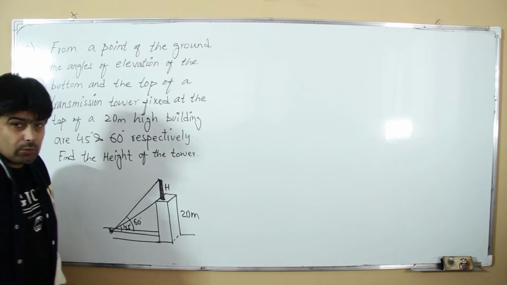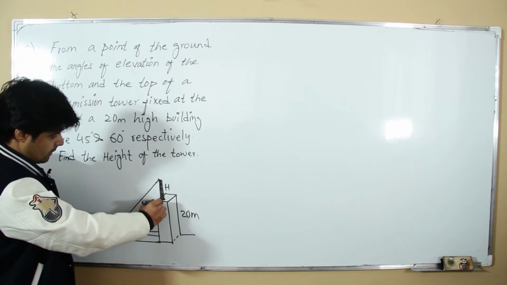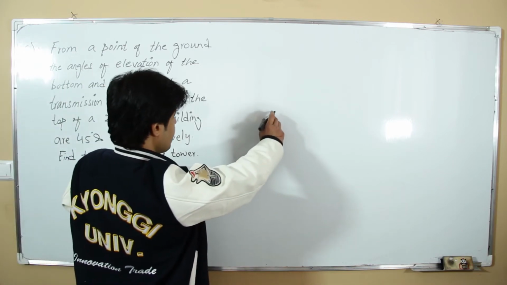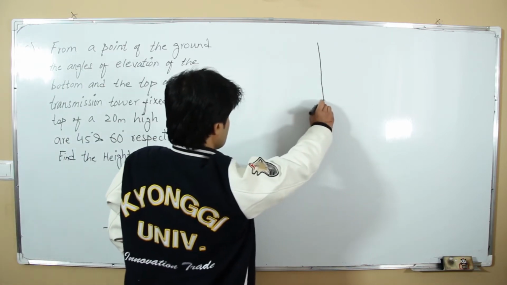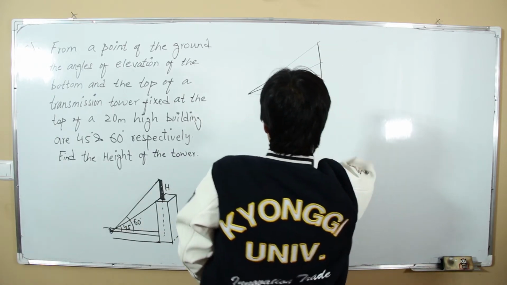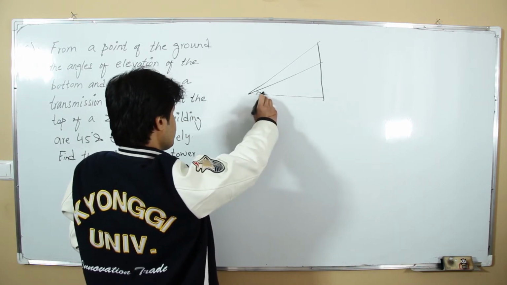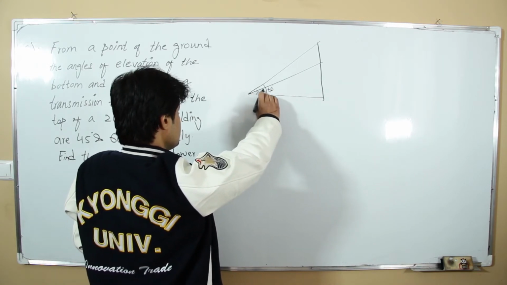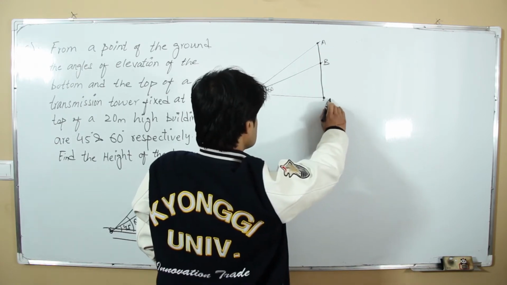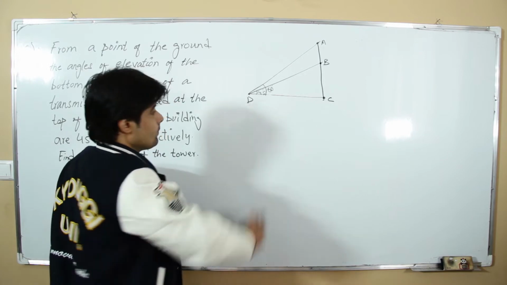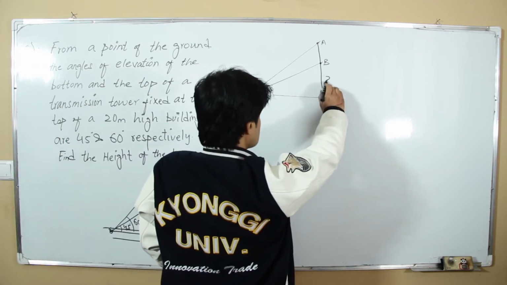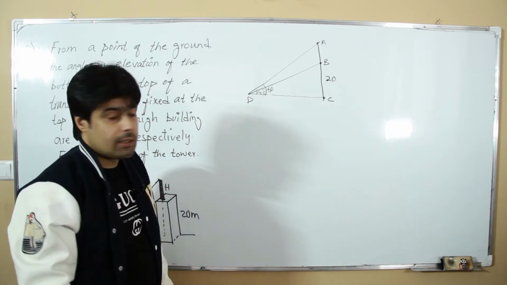H. What the question is, suppose this is our right angle triangle. We have a right angle triangle in which we have 2 angles. This is 45. This one is 60 degree. This is A, it's B, and this one is C. Suppose this is D. BC, this one, it is given, which is height of the building.